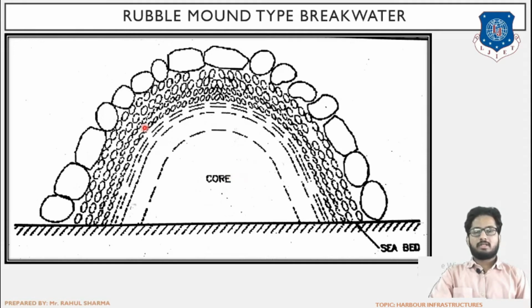The reason for keeping the topmost layer of the highest quality is that, as we know, the function of breakwater, I have already repeated many times, will be done by the topmost layer, the higher sized rubbles. Repeating again, the reason for bifurcating these classes: Class A is the topmost layer, and the function of breakwater will be performed by this layer.